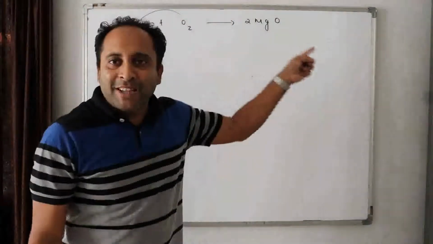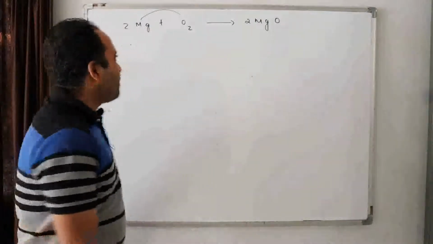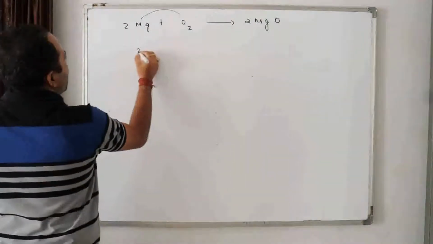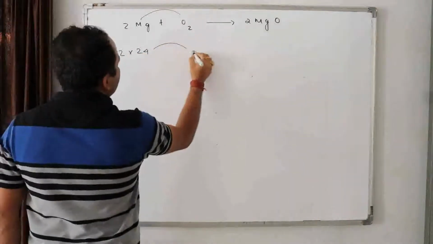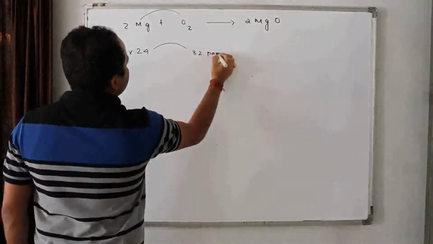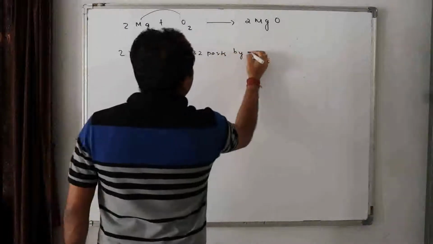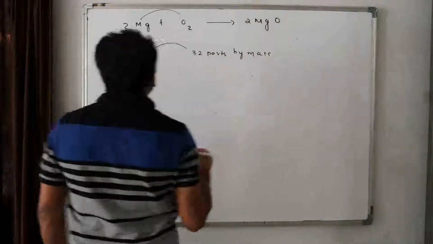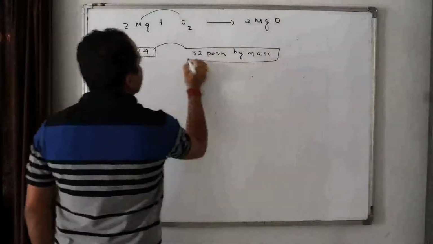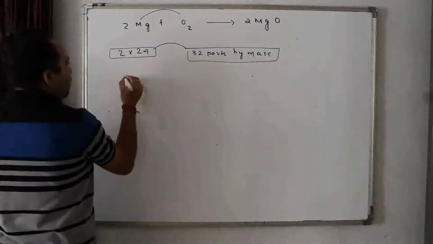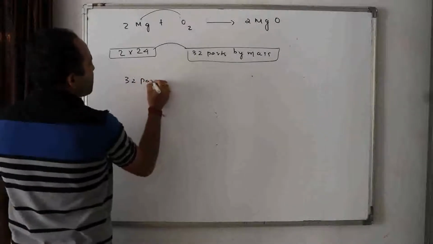What happens? How many parts? 24 into 2 parts combines with 32 parts by mass. Clear?